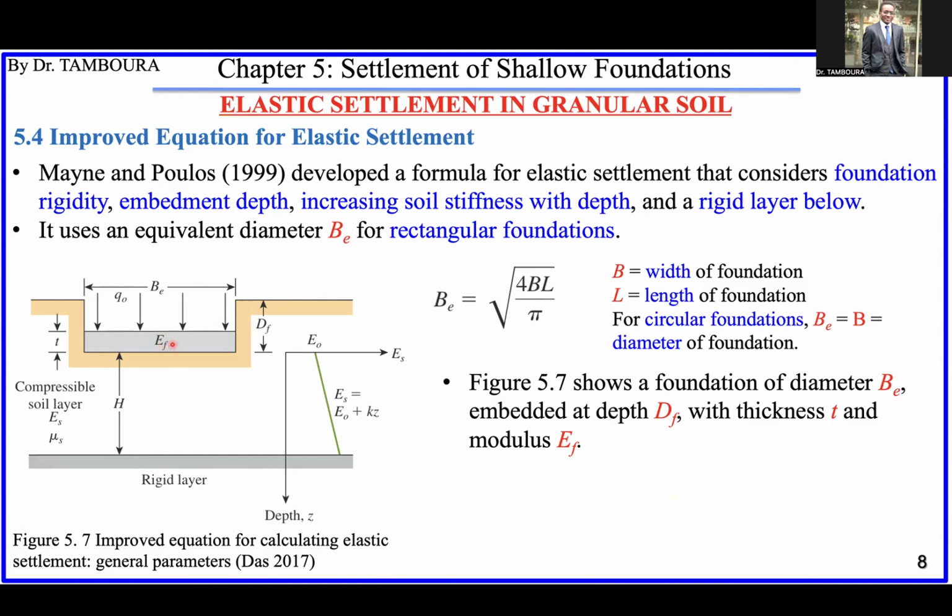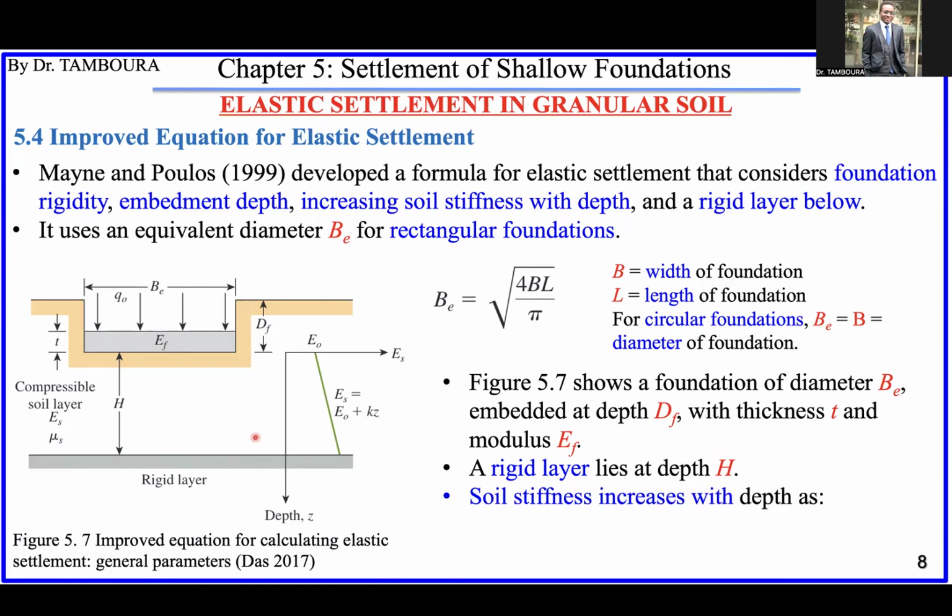Okay, and you can see also that we have a rigid layer beneath, at depth H beneath the footing base. Okay, you can see also that the soil between the footing base and the rigid layer, the stiffness of this soil, this means the elasticity of this soil, is increasing. It is not constant. You can see this line.